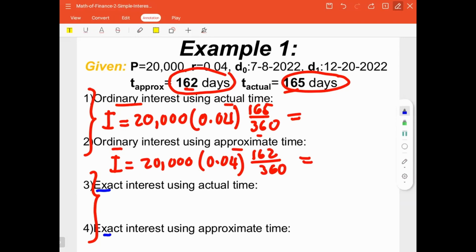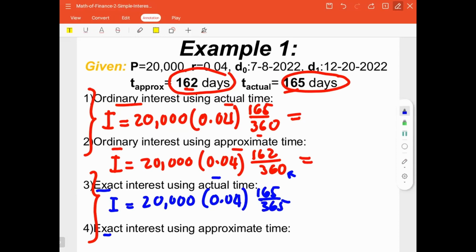So expect that the denominator instead of 360 will be 365. The same formula again, I equals PRT, where P, the principal, is 20,000, R is 0.04. Now we have to make use of the actual time, and the actual time again is 165. So this is 165 over 365.